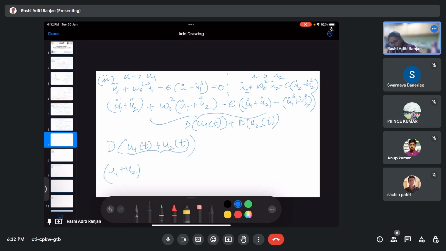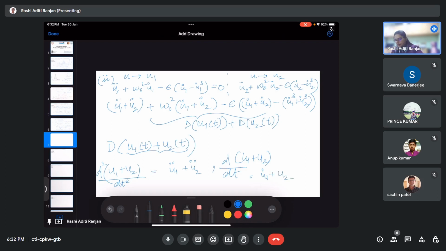It will be d square by dt square. Correct? Now, since they both are decoupled, this would result in u1 double dot plus u2 double dot. Correct? Similarly for the first differential as well, d by dt of u1 plus u2 would give us u1 dot plus u2 dot.